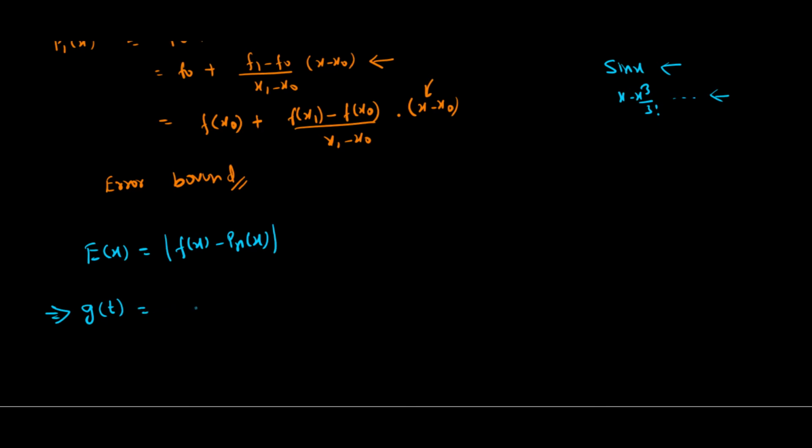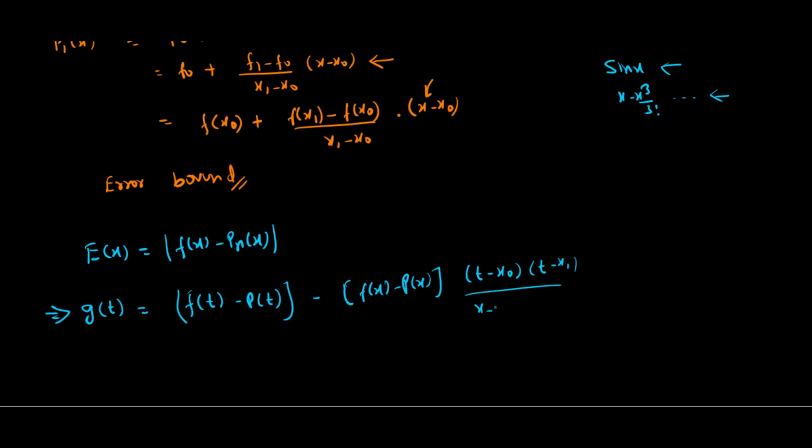Suppose you consider my polynomial as f of t minus p of t, minus (f(x) minus p(x)) into (t minus x0) into (t minus x1) upon (x minus x0) into (x minus x1).